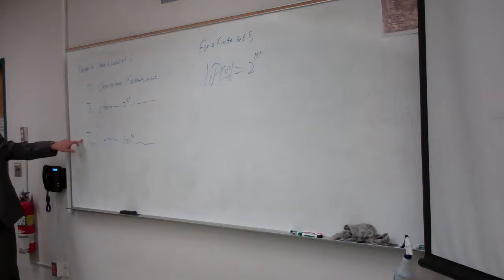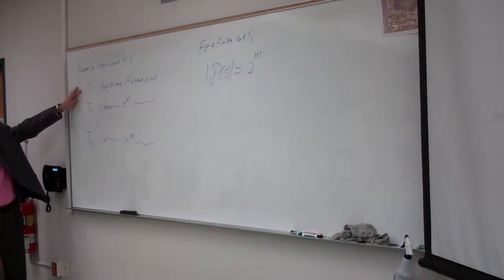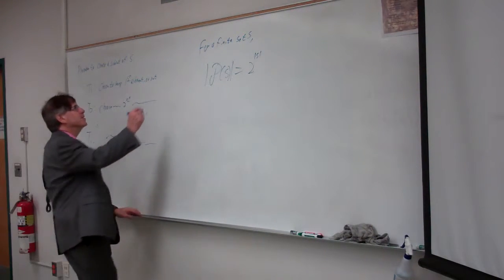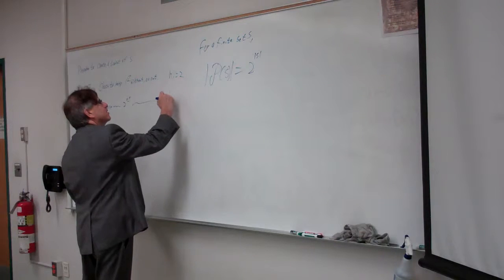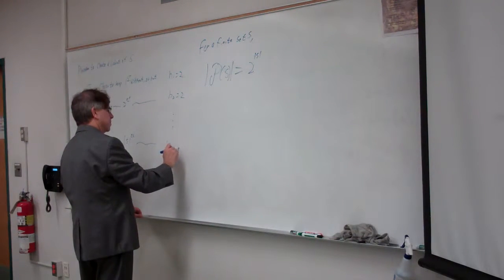Well, each task says we're either going to keep the first element or we're not going to keep it. We've got 2 ways to do this. We can keep the second one or not keep the second one. We can keep the third or not keep the third. Each of these can be done in 2 ways.